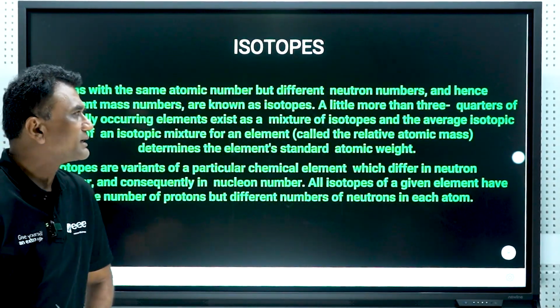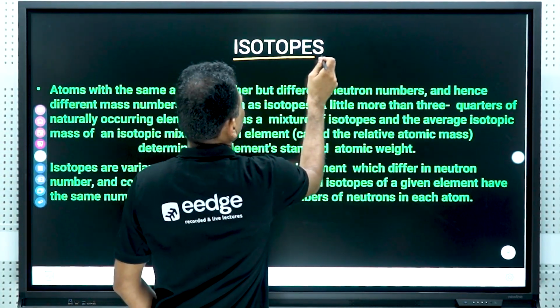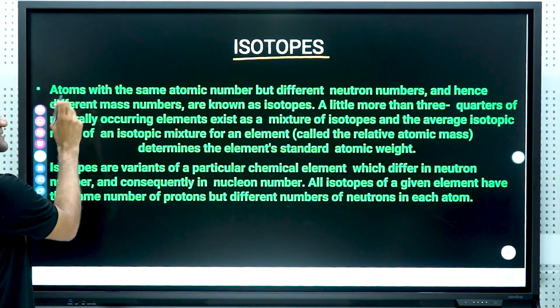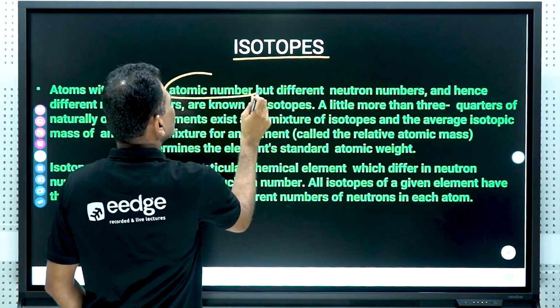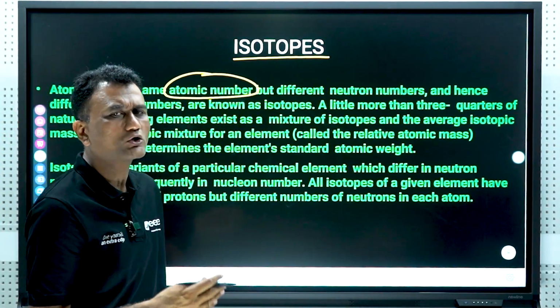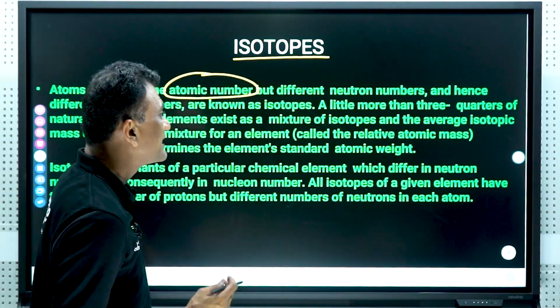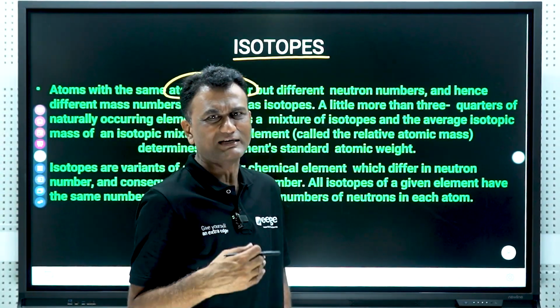Now there is one more important term to be discussed, and that is isotopes. Isotopes, right? Isotopes are atoms with the same atomic number. Same atomic number means these atoms belong to the same element. As we have discussed previously, atomic number uniquely identifies an element.